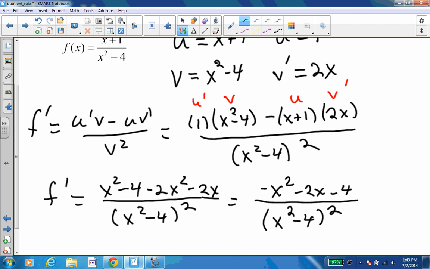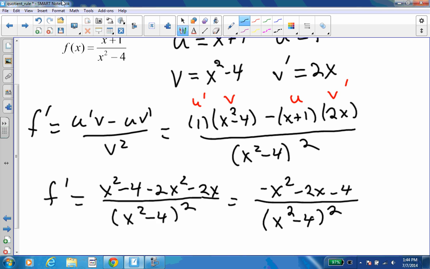Now we could factor out a negative sign. With that factor, we'd have to use 4 and 1, which would give me 5 or 3, or I'd use 2 and 2, which would either give me 4 or 0. So I don't believe that'll factor. So I believe that's as simple as we can expect to make that one. So we'll leave that as our answer.